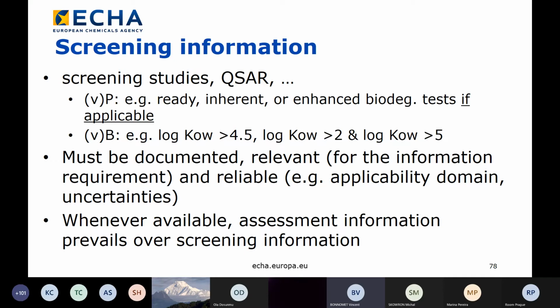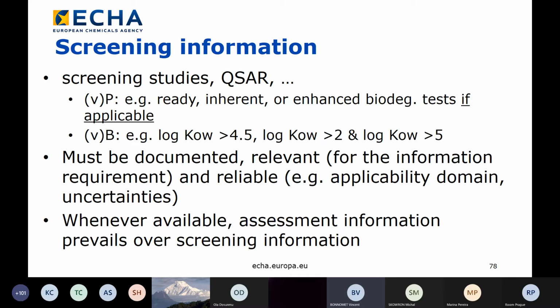The information should, of course, be reliable. So, for example, if you are using QSAR, you have to take care that the substance is in the applicability domain of the model. You have also to quantify the uncertainties of your prediction.